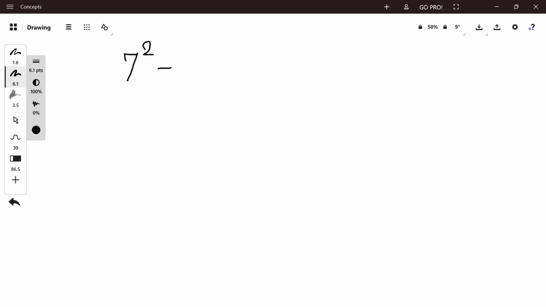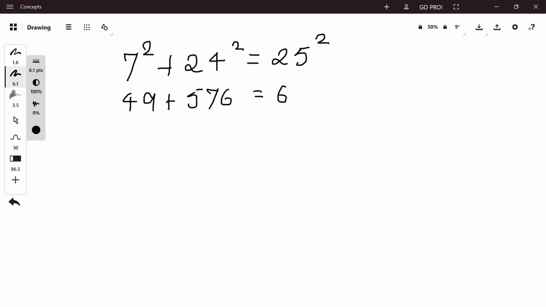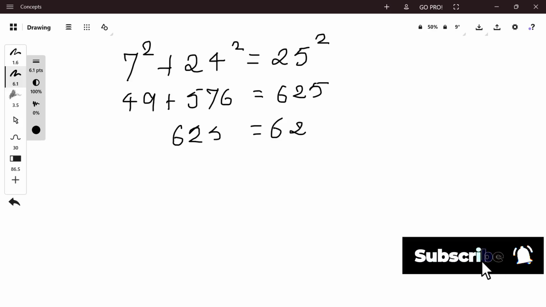We have 7 square plus 24 square is equal to 25 square. That is 49 plus 576 is equal to 625. That is 625 is equal to 625.